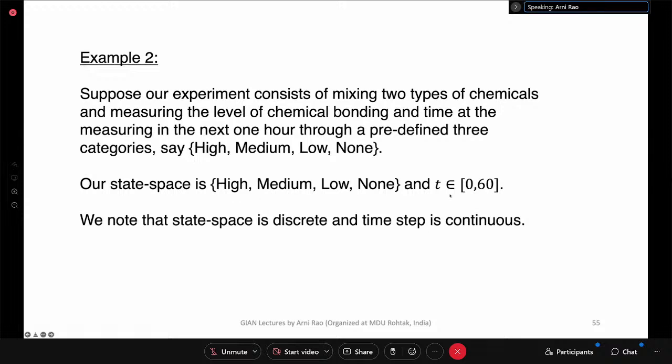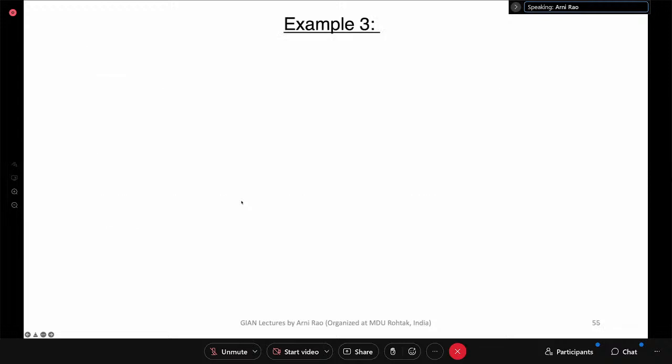In the previous coin tossing, you saw that both time and space are discrete. They are known as discrete time, discrete space stochastic models. This chemical bonding example is continuous time, discrete space, or discrete space, continuous time; you can flip it either way. But time is continuous, space is discrete.